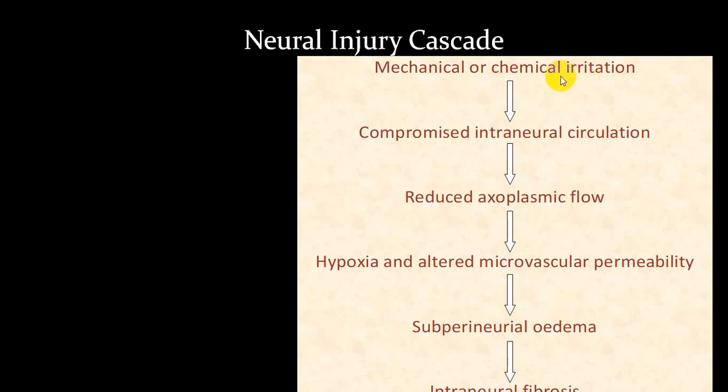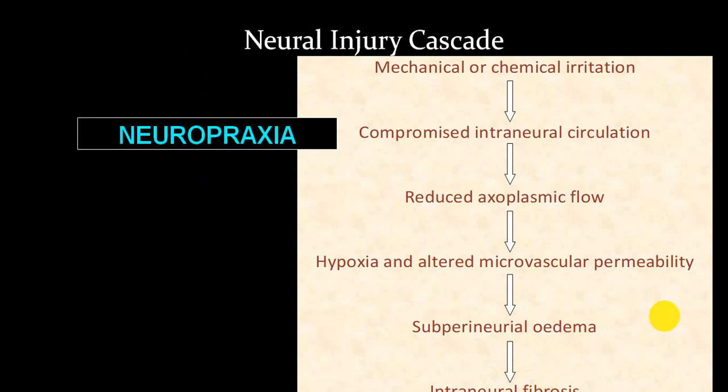So mechanical or chemical irritations, vascular supply compromise, axoplasmic flow will be reduced, hypoxia, altered microvascular permeability, edema, and then it will end up in demyelination and intraneural fibrosis. That will be irreversible damage.